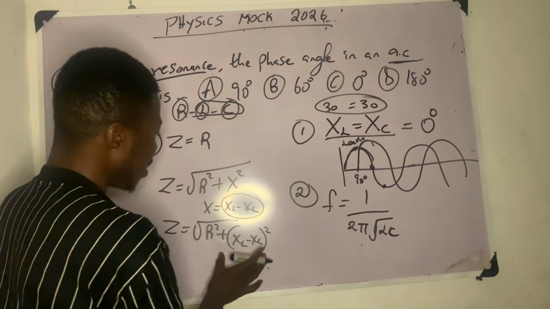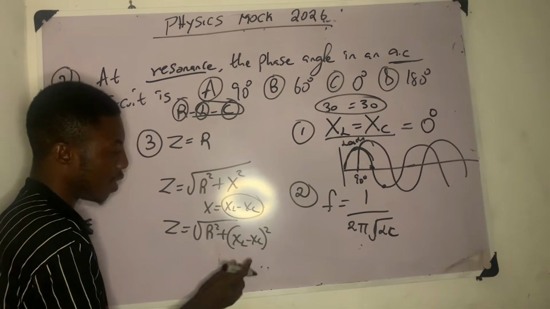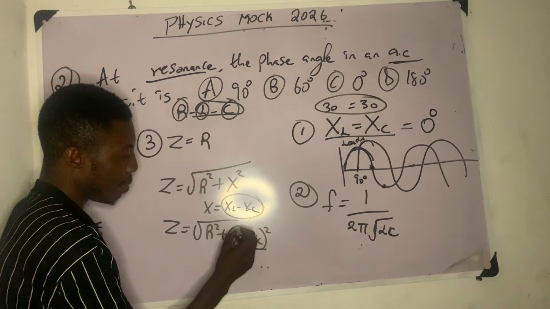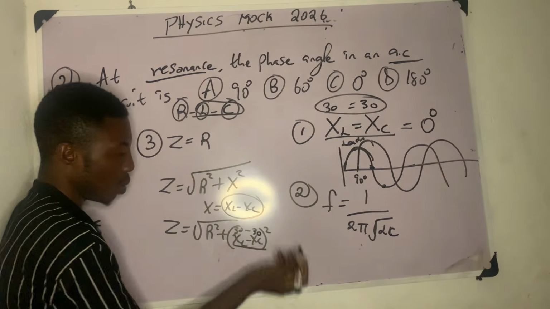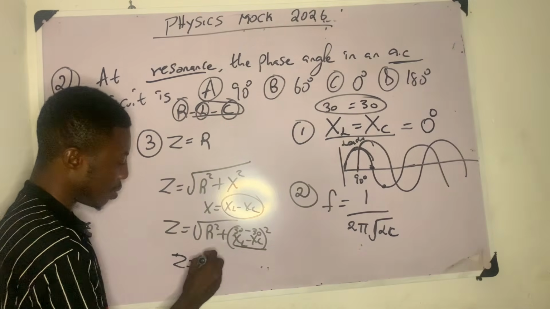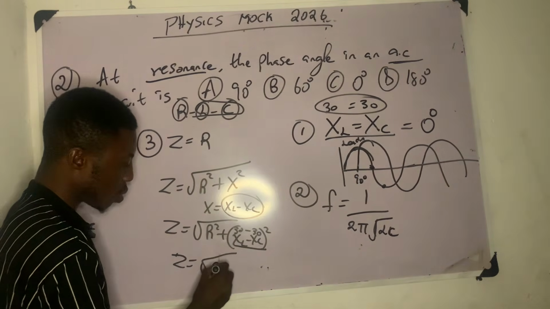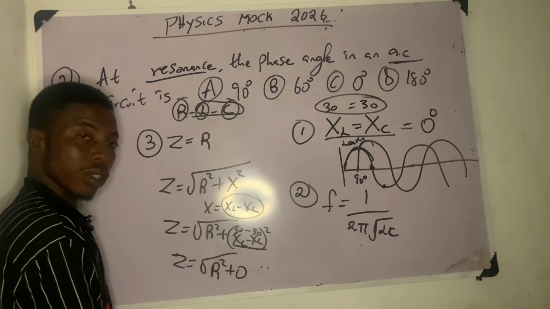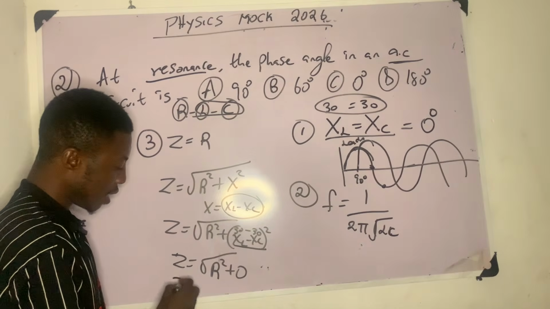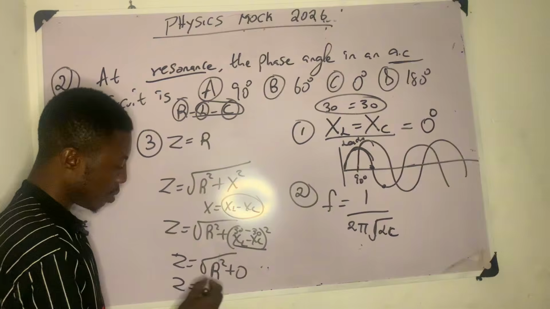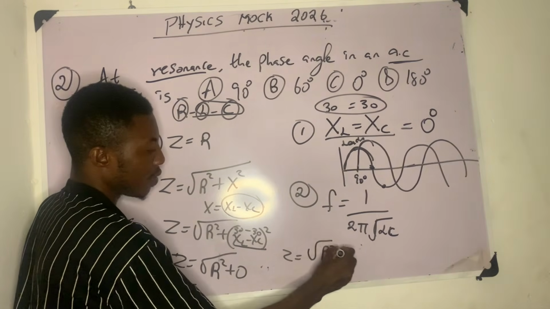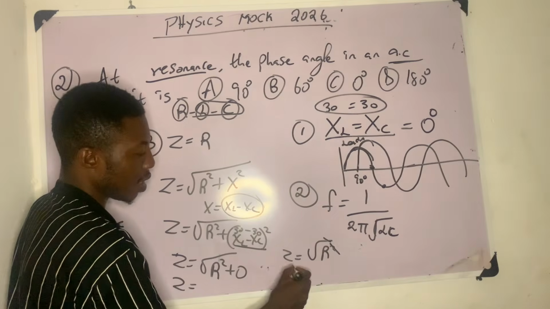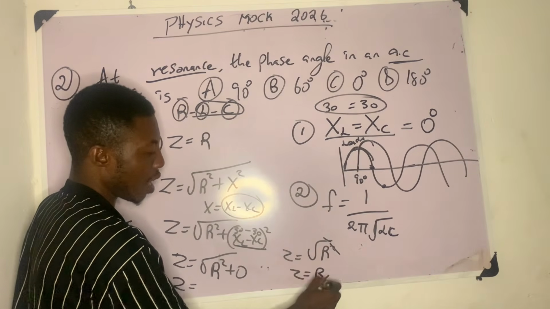Now if these two things equal each other, I use 30 as my example. So 30 minus 30 will be equal to 0. So you now have Z is equal to square root of R squared plus 0. At the end of the day, you now see that Z is equal to square root of R squared. Then the square root and the square will cancel out to have Z is equal to just R.